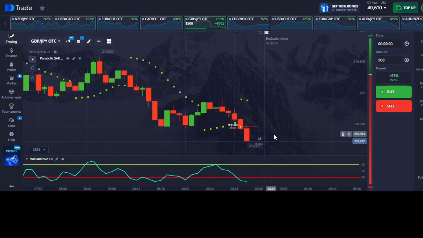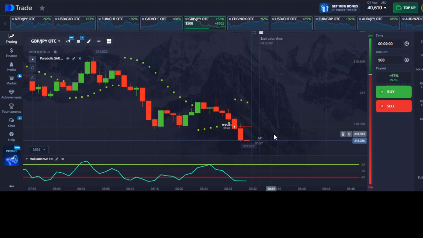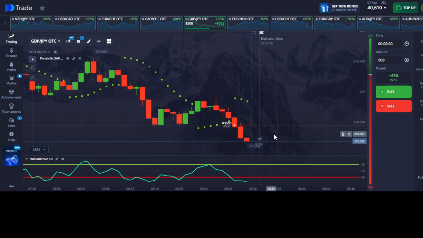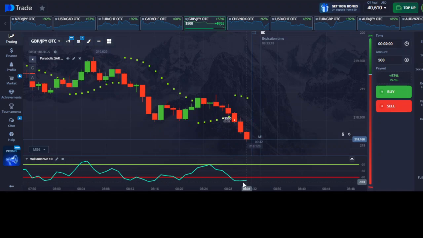Okay, the price is continuing to push downward in our direction. The Williams percent R line is continuing to stay under the 80 line here, the red 80 line, which suggests a continued bearish momentum, which we see in the price here.